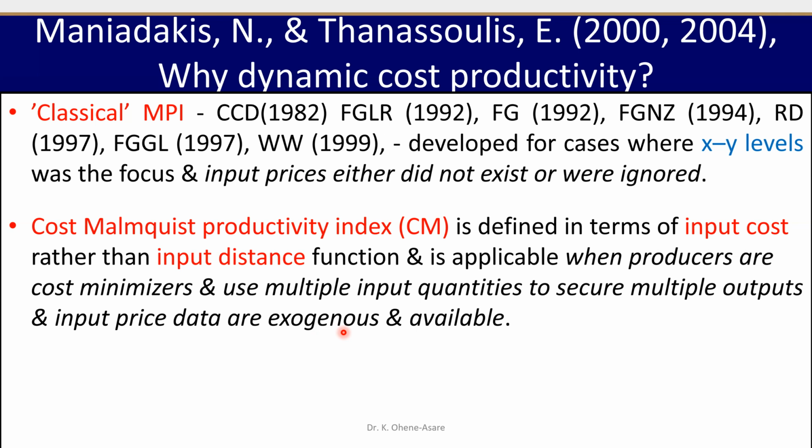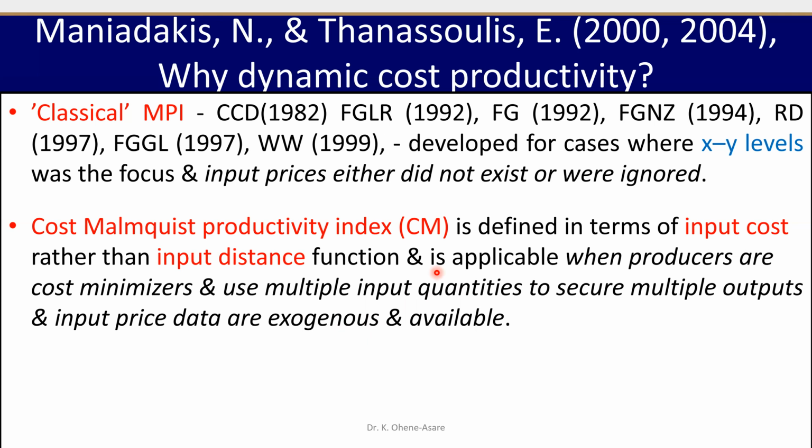This point is an important point. You need to have the output and input prices, being exogenously determined but available. If they are available, even if they are exogenously determined, you are able to estimate the cost Malmquist index because you're able to minimize the cost. And that point I just said is important.